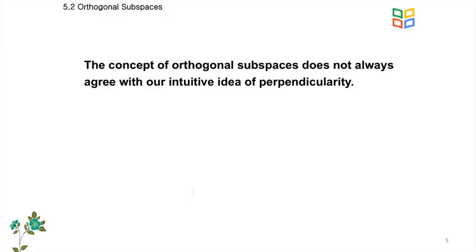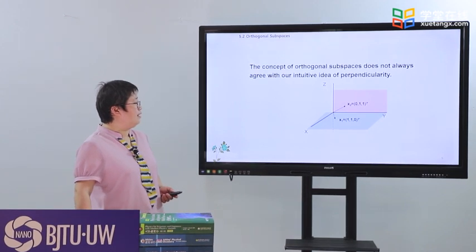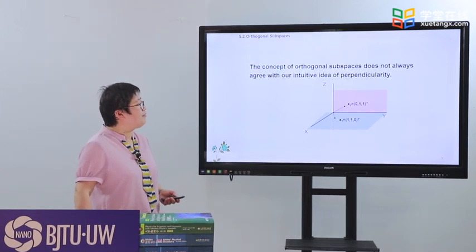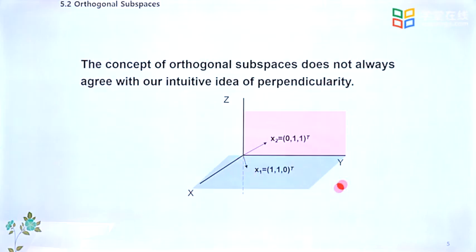Now we need to mention that the concept of orthogonal subspaces does not always agree with our intuitive idea of perpendicularity. See this figure. We may feel this plane and this plane are perpendicular to each other.